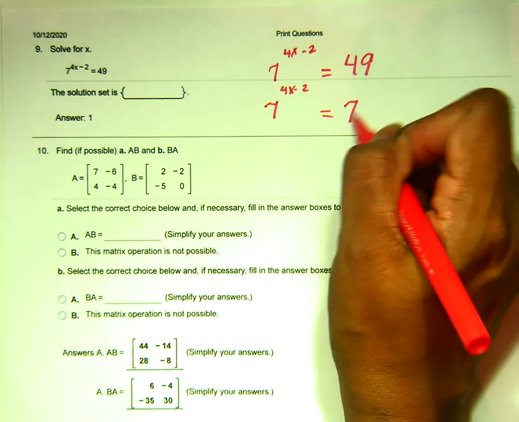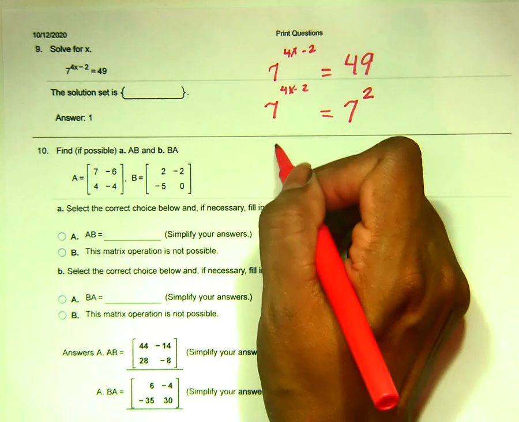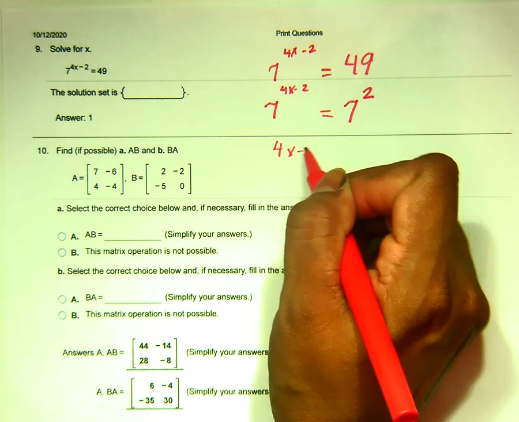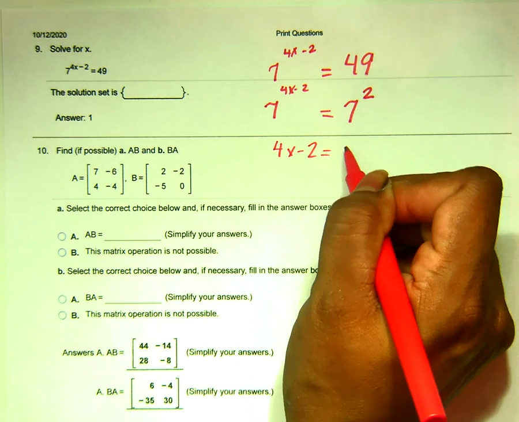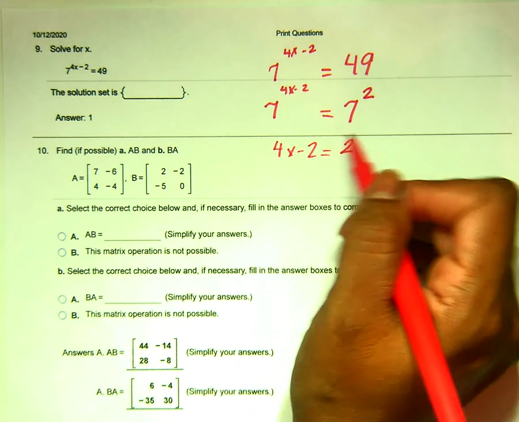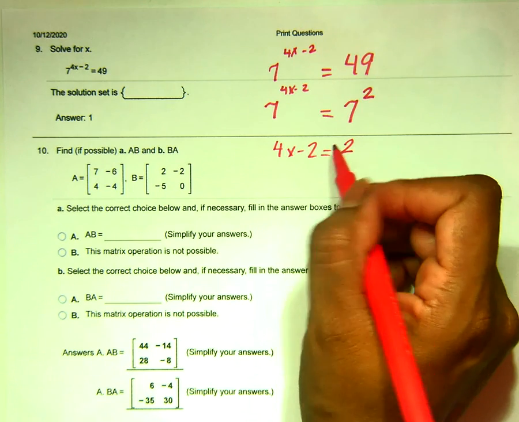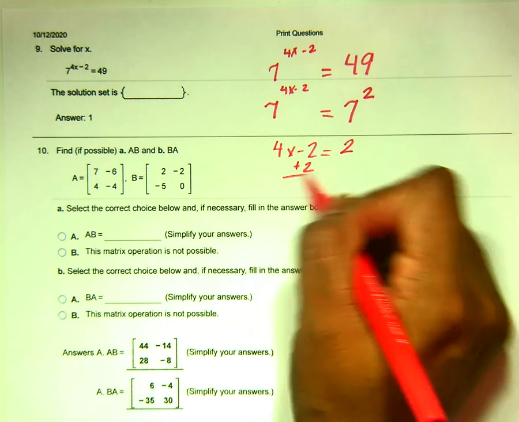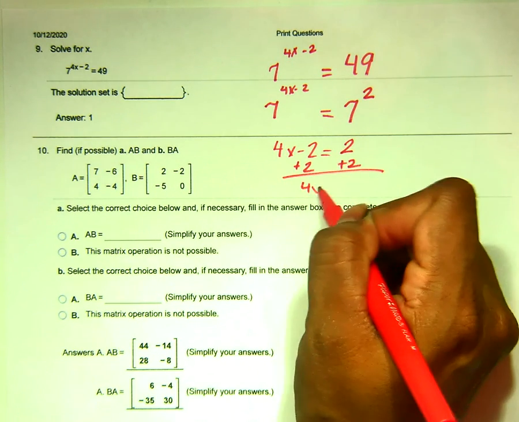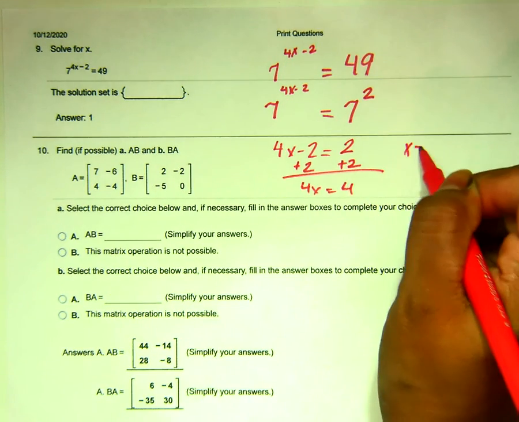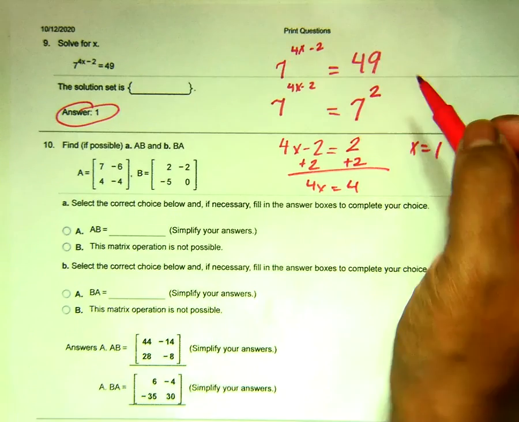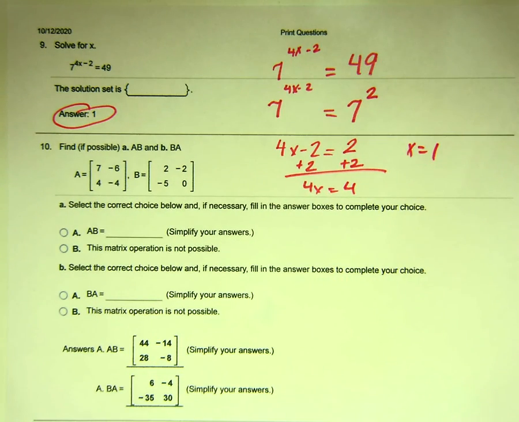So I can say that is 7 to the second power. Notice how both of them now are bases of 7. So I can eliminate the 7. And once I solve for x, so add 2 to both sides, 4x equals 4, I know that x equals 1. So this is pertaining to section 3.2.